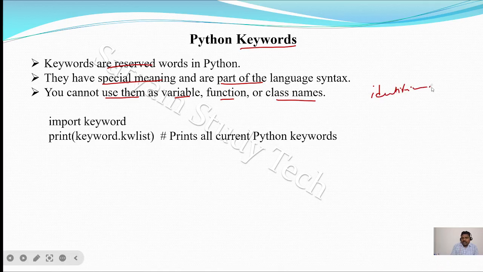Any identifier starts with a letter, not a digit. A letter or an underscore, right? A letter may be a small letter or a capital letter.